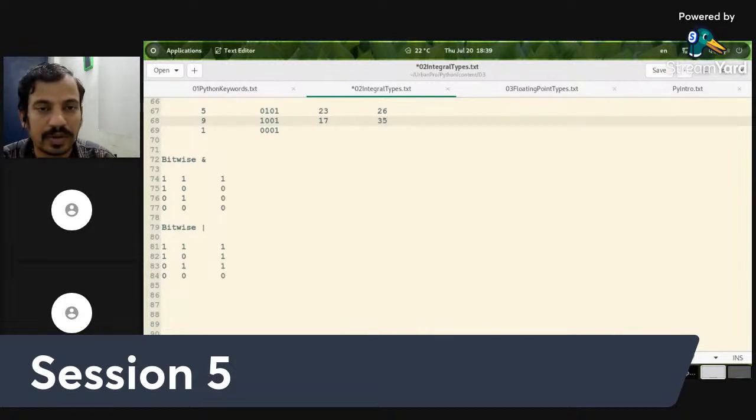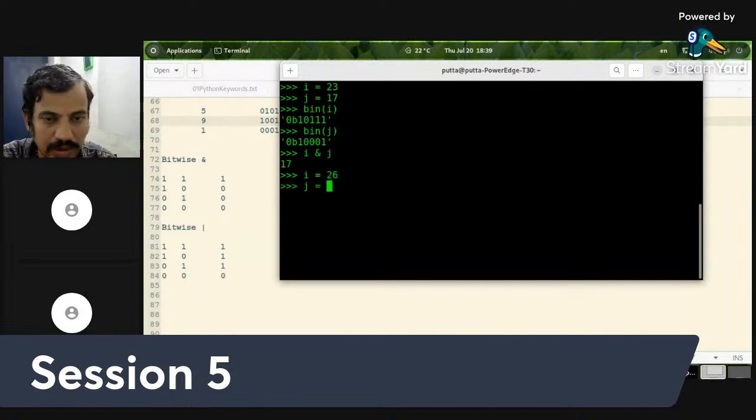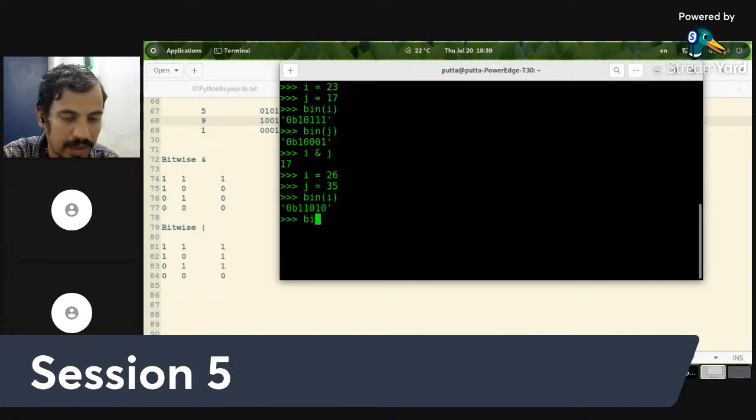Find out the bitwise OR of 26 and 35. i is equal to 26, j is equal to 35. Okay, so binary of i, binary of j.